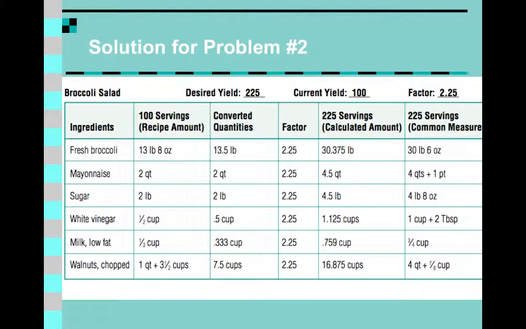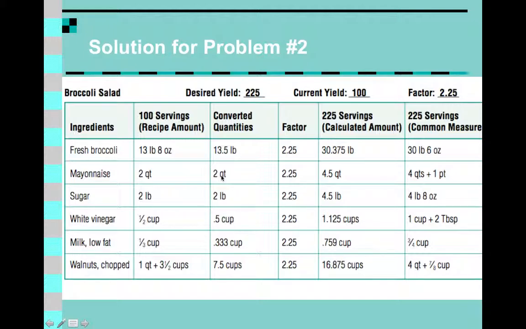All right, there's your answers. So we looked at our factor. Our factor was taken with that current yield and desired yield. Simple division. Okay, here's our 13 pounds 8 ounces. We converted it into decimals. These didn't need to be converted. We converted this into a decimal.